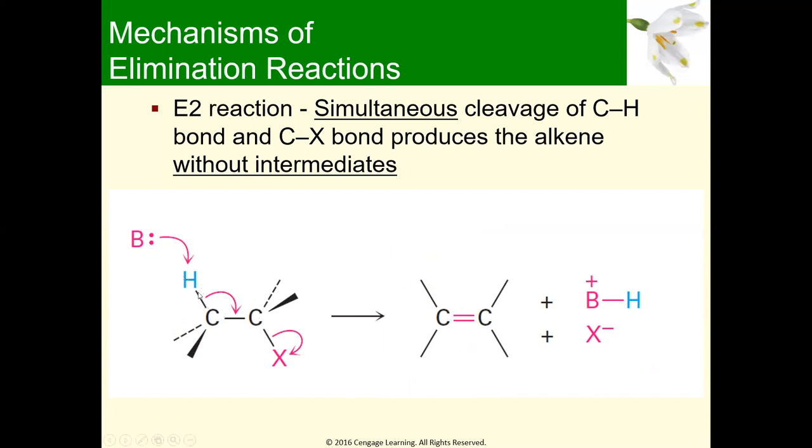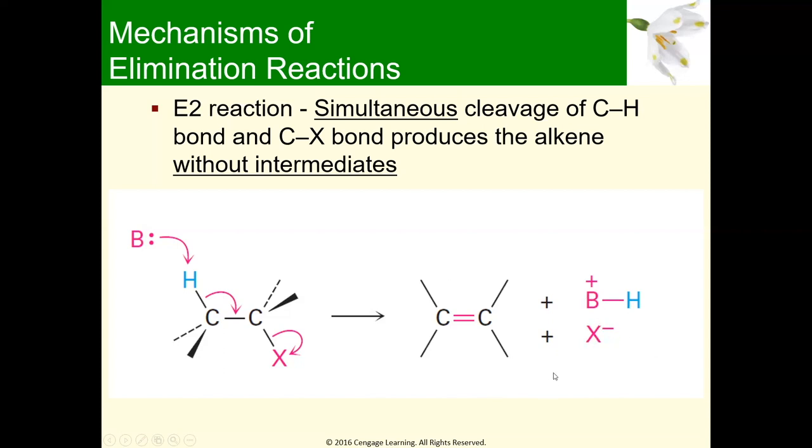The electrons between the hydrogen and the carbon move down to between the 2 carbons, forming a double bond. And at the same time, the electrons in the carbon-halogen bond move on to the halogen. And so you get the alkene produced, and you also produce the protonated base, whatever it might be. You'll see in just a minute, it's a strong base. And then the halide as well.